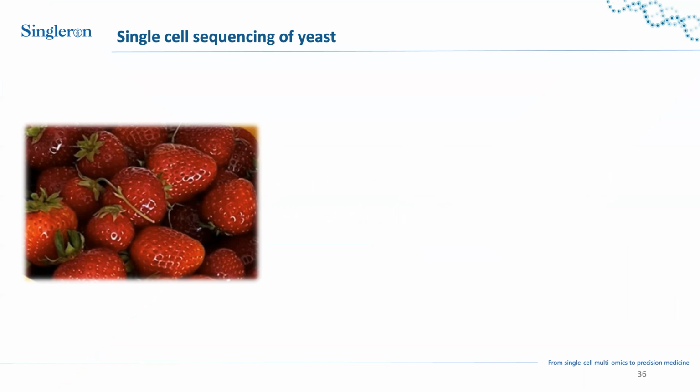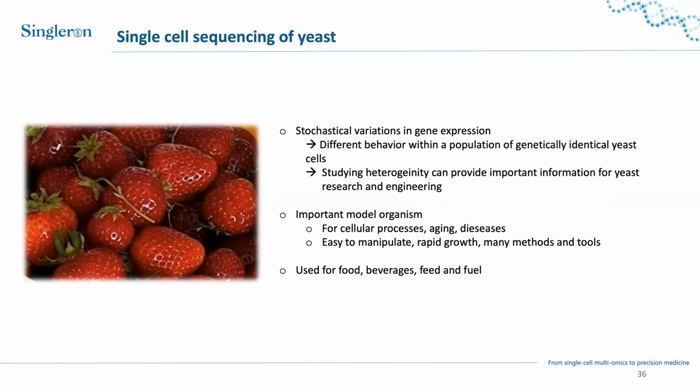So you would, in principle, look at an isogenic population, but still, even if you look at isogenic populations, there are still differences. For example, stochastic variations in gene expression can lead to different behavior within a microbial population of yeast cells, and thus studying heterogeneity can provide you with important information for yeast research and engineering.